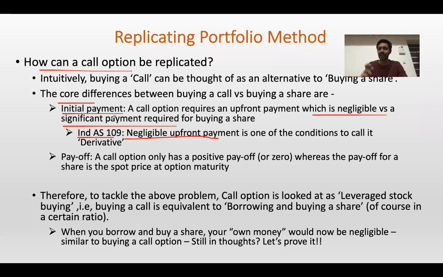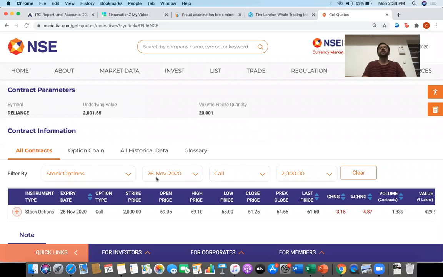Whereas in case of a share, let's take this example again, where maturity was 26th of November. On the 26th of November, the call option will either be a positive number or zero. The payoff for a share on 26th of November will be the share price itself. Let's say I buy a share today worth 2000 rupees.